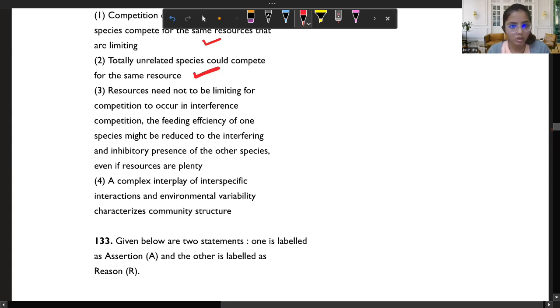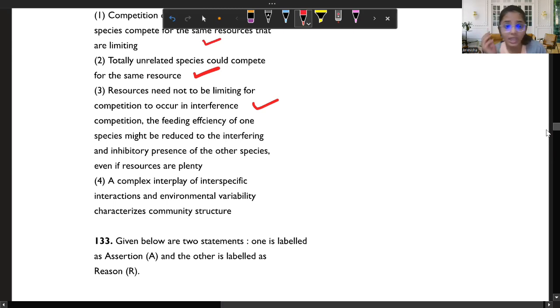True statement. Resources need not be limiting for competition to occur. Interference competition, the feeding efficiency of one species might be reduced due to interfering and inhibitory presence of other species. Yes, even if resources are plenty. Yes, that is true. There is no complete need of resource to be limited for competition to occur.